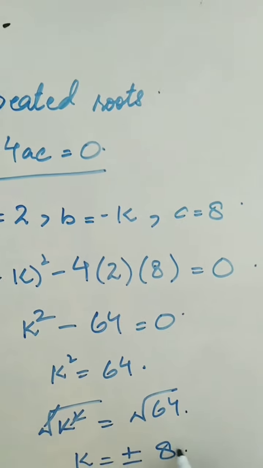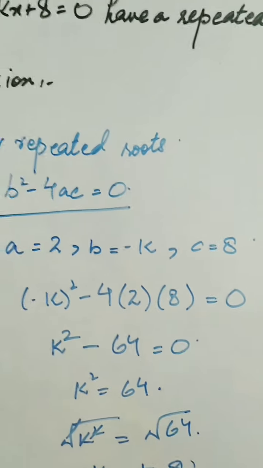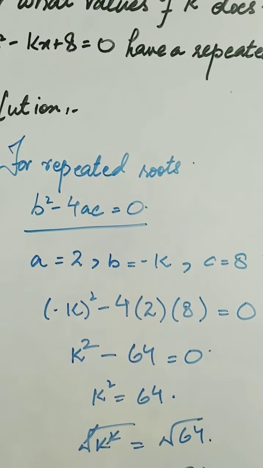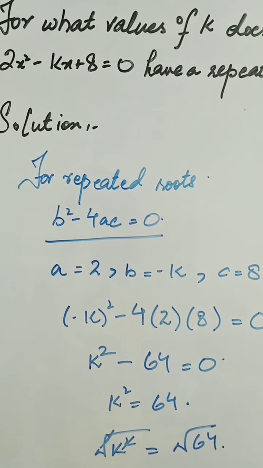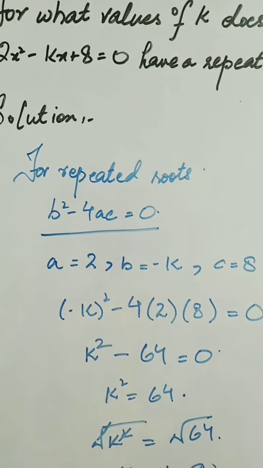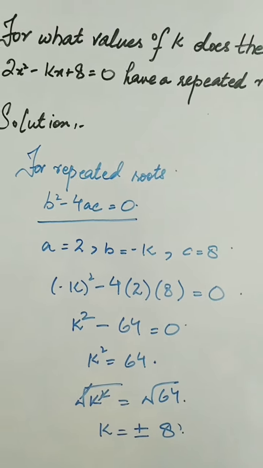So for these values of k, we have a repeated root for the equation 2x² − kx + 8.